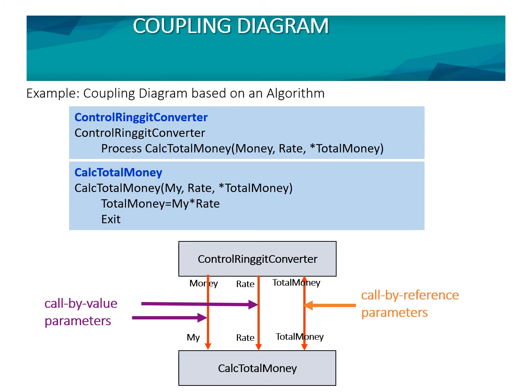So try to look at this one: money to money, rate to rate, and star total money to star total money. So we have two parameters which are called by value and only one parameter called by reference.